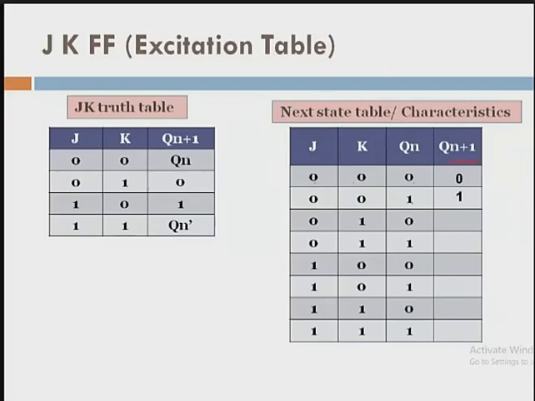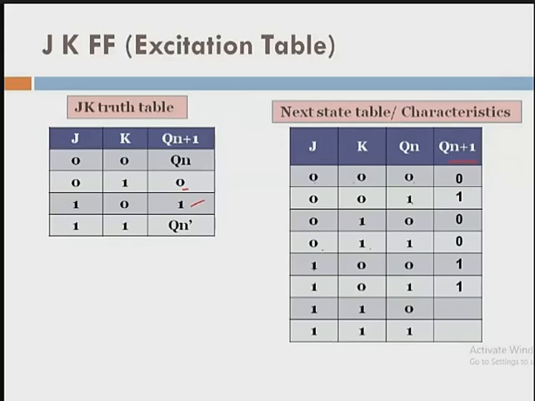For the 0 1 combination, as per the truth table, the output value is 0, so write down 0. Again 0 1 combination, the output value is 0. Now the 1 0 combination, the output value is 1. Again 1 0 combination, the output value is 1.